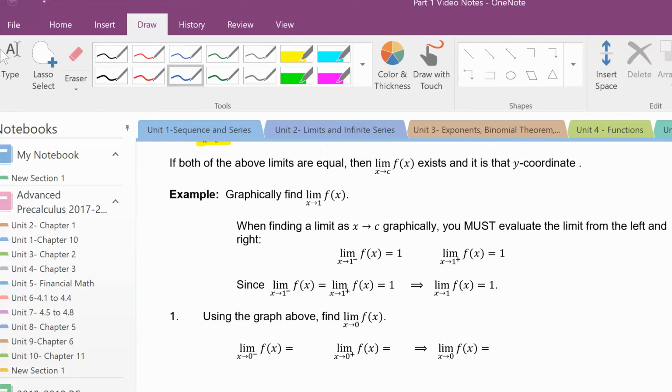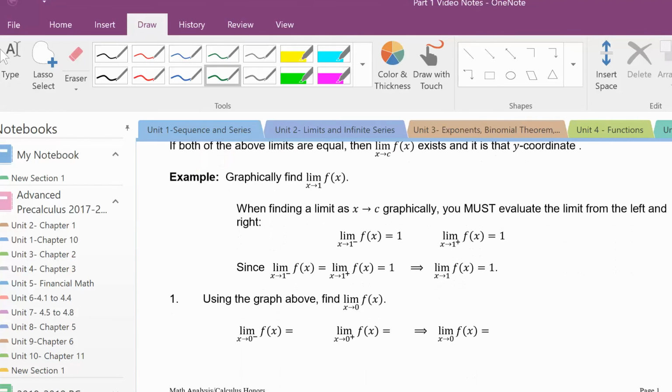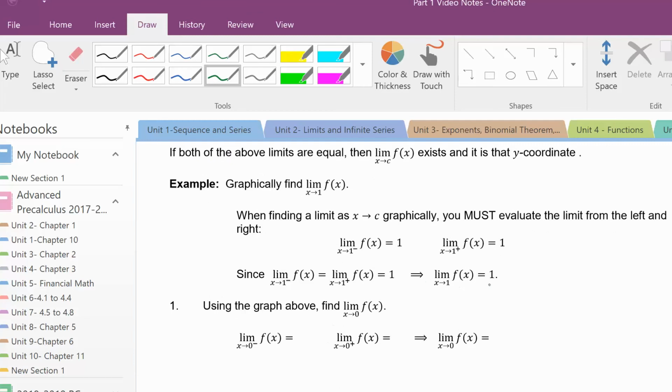So if you look at the graph, as x approaches 1 from the left, notice here's 1. As it approaches 1 from the left, it goes to 1. And as it approaches 1 from the right, it also goes to 1. So that is why the limit as x approaches 1 is 1.